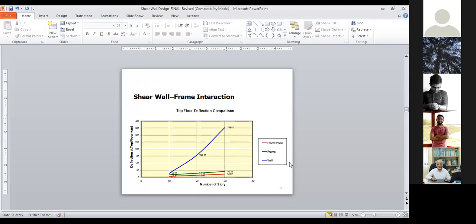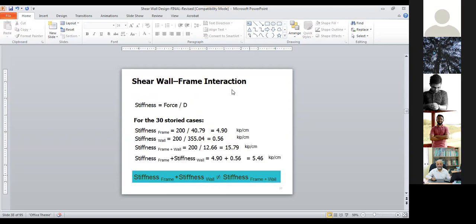So if I summarize here, you can see the wall deforms a lot, the shear wall, and this is the frame system, green color, and the red color is the combined action. So what we understood is that we need the combined system, shear wall and frame system together, to get the large benefit in controlling the deflection of the structure.